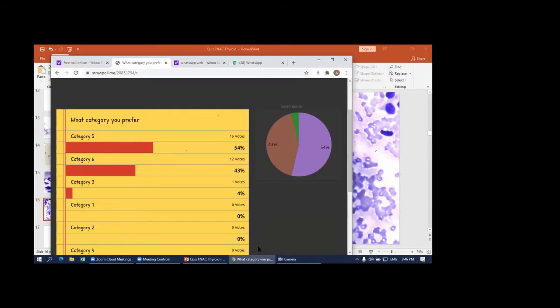Sometimes when you arrange your slide, sometimes your slide hilang. Macam mana? HP 18. Oh no. FN 17.5.